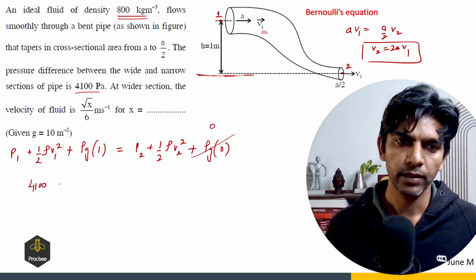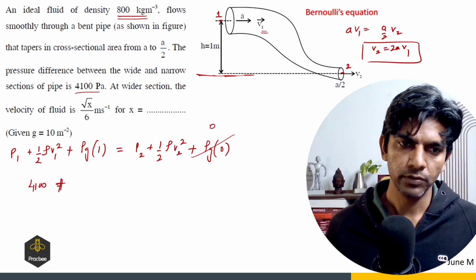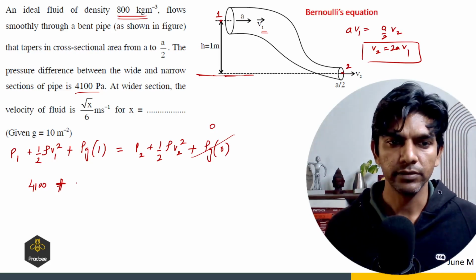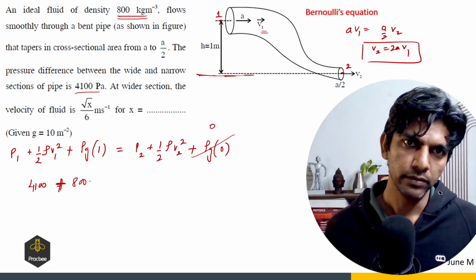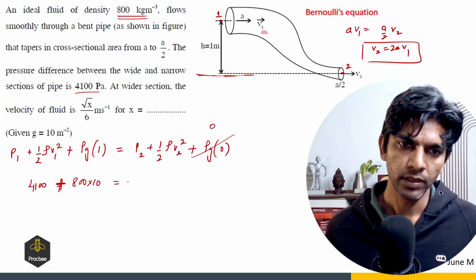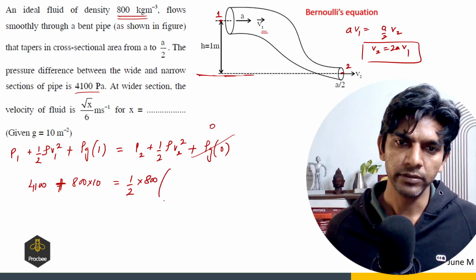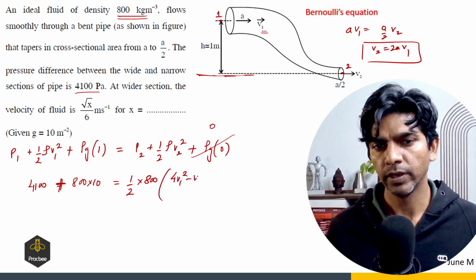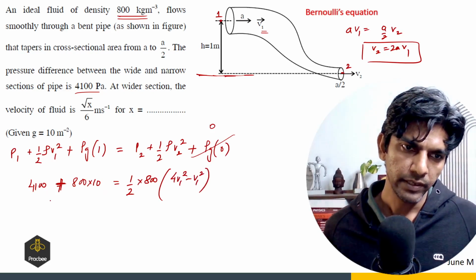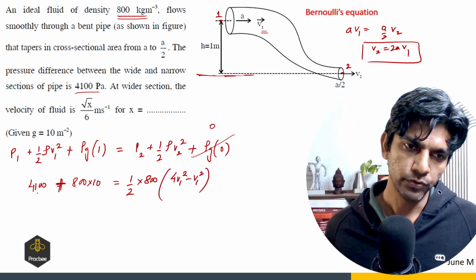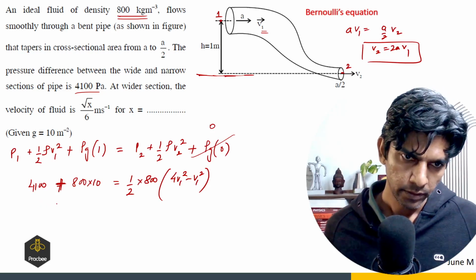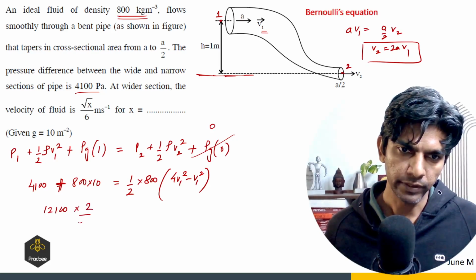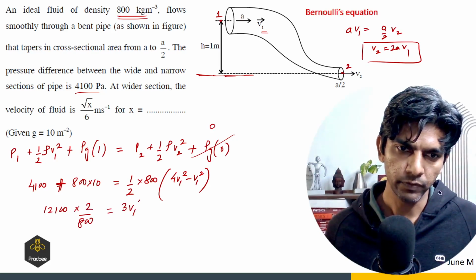So 4100 plus rho g times 1, with density 800, that is 800 times 10, equals half times 800 times (v2 square minus v1 square). V2 square can be written as 4 v1 square, minus v1 square. So the left hand side will be 8000 plus 4100, that is 12100, multiplied by 2 divided by 800, equals 3 v1 square.